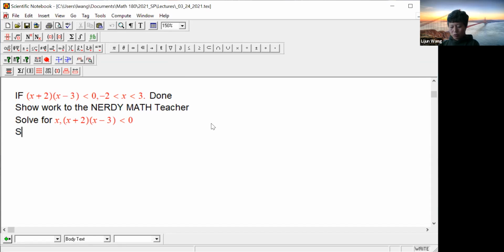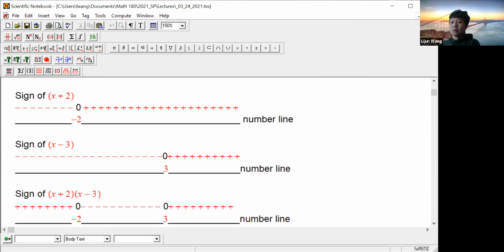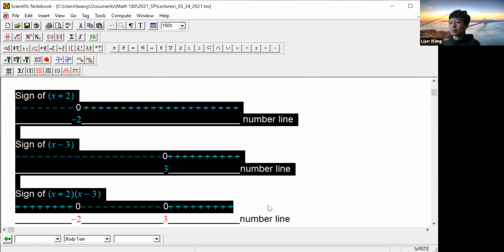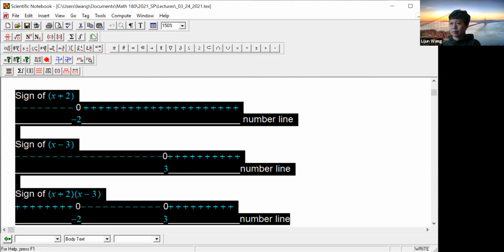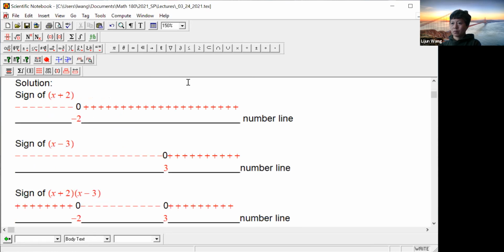Now, solution. Because I teach this method, I expect you to be able to show this work. Remove the number line. Show that piece.